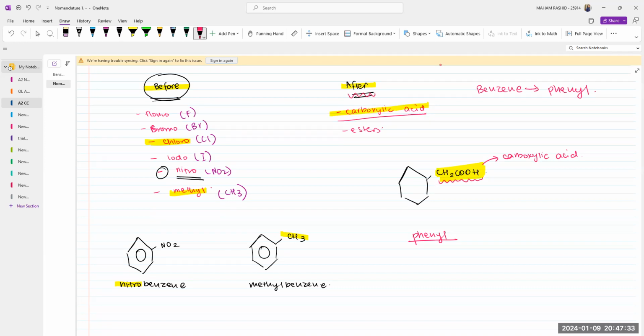It comes after benzene. So the acid is ethanoic acid. It has two carbons, right? So it's going to be named as ethanoic acid. So my structure's name will be phenyl ethanoic acid, right? Understand? So this is how we're going to name our compounds.